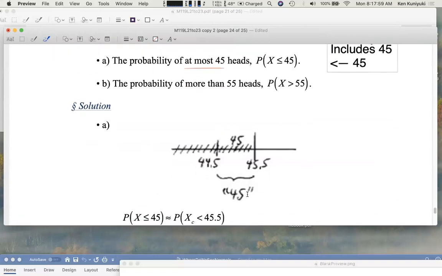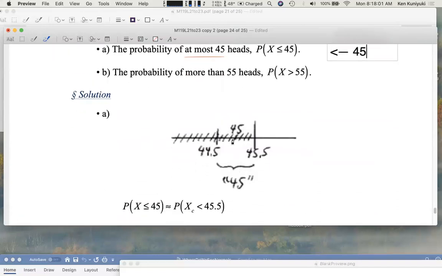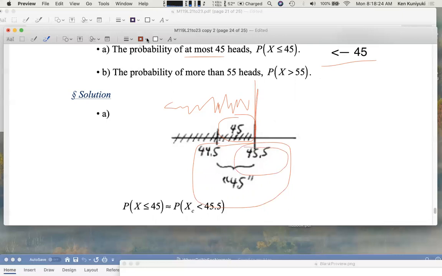Remember, what are the real numbers that correspond to 45 for the normal approximation? Between 44.5 and 45.5. Do we want 45 heads? Yes, we do. So we do shade this piece and also everything to the left. We want all lesser pieces as well, which means the true goalpost we want is at 45.5. The goalpost I want, there's only one because there's only one boundary value.